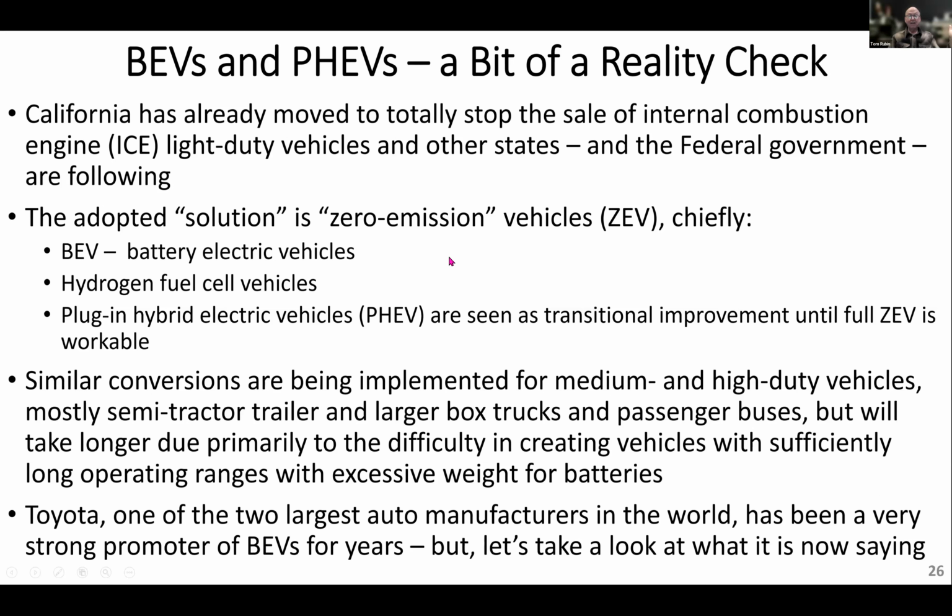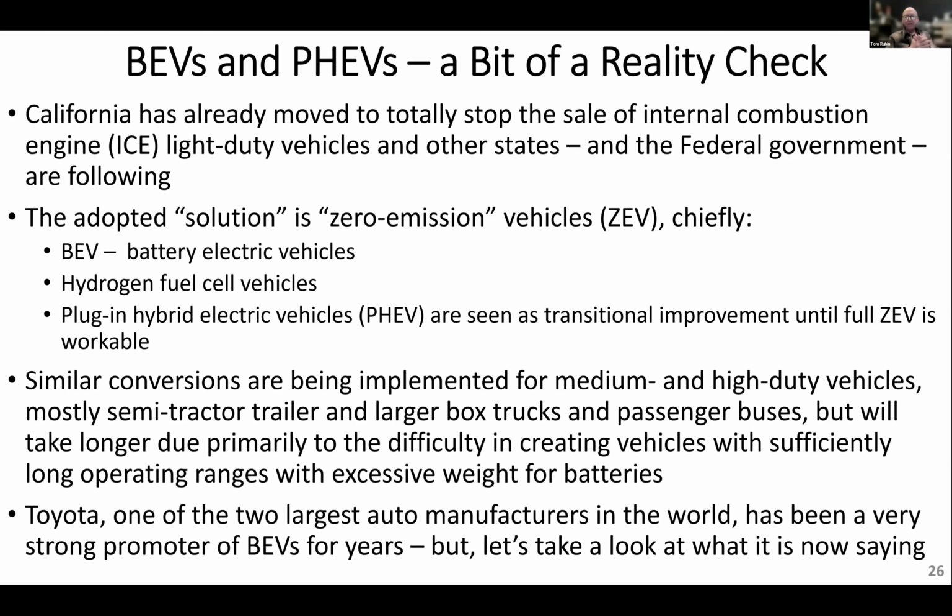So where we want to be is zero emission vehicles, ZEVs, and there are mainly two types of those, battery electric vehicles and hydrogen fuel cell. And we're going to talk about both of these. And then we have plug-in hybrid electric, which are seen as a transitional improvement, but will eventually have to be phased out in favor of pure zero emission vehicles.